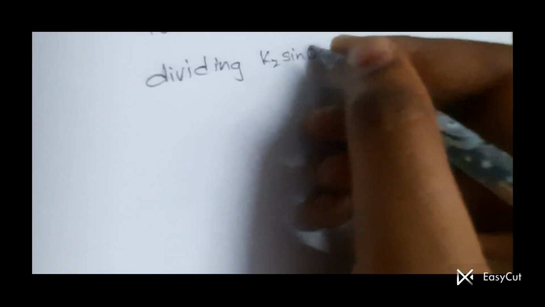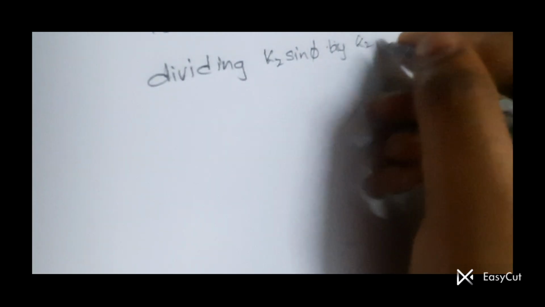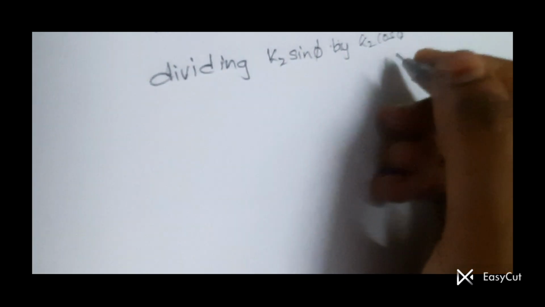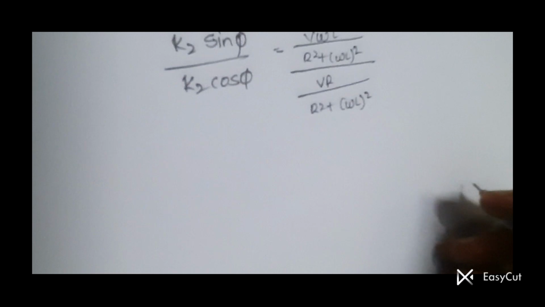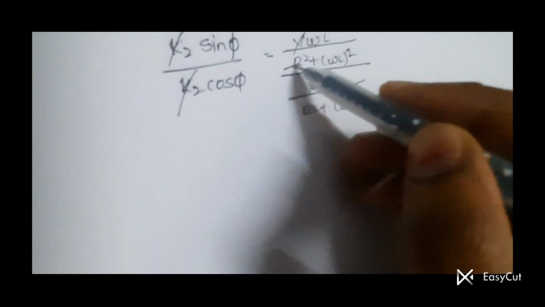Now to find the K2 value and phi value, dividing K2 sin phi by K2 cos phi, we get K2 cancelled, V cancelled and the denominator cancelled.